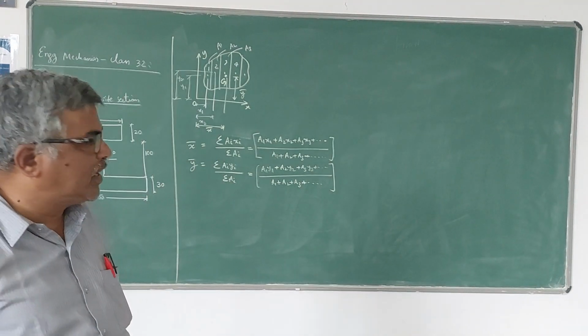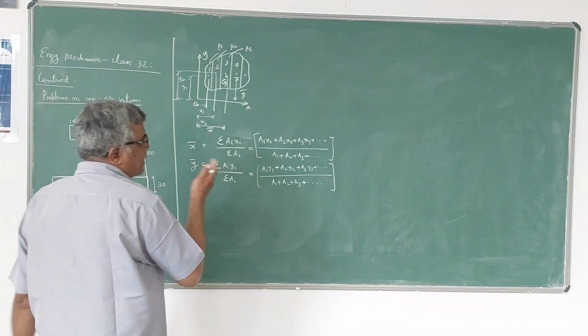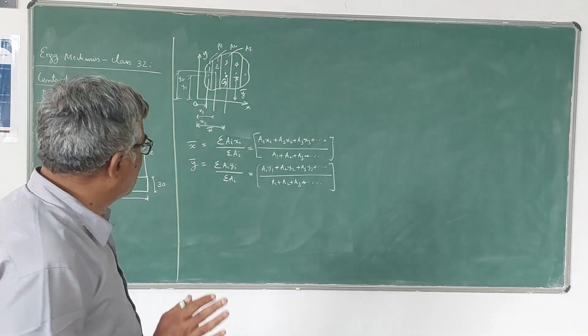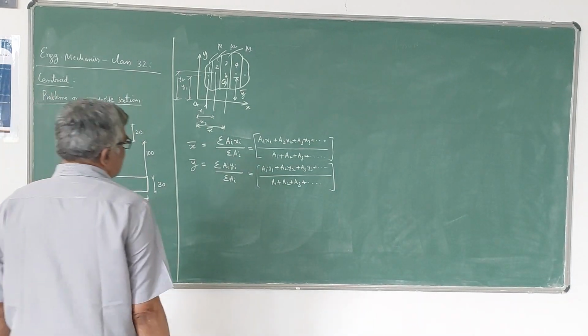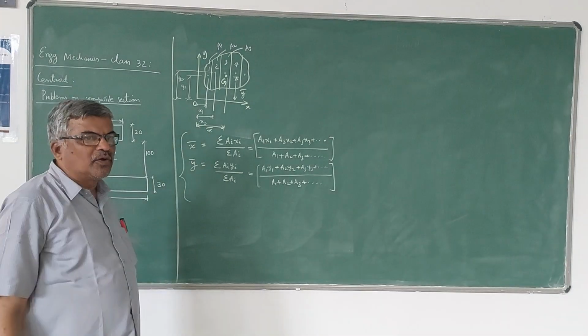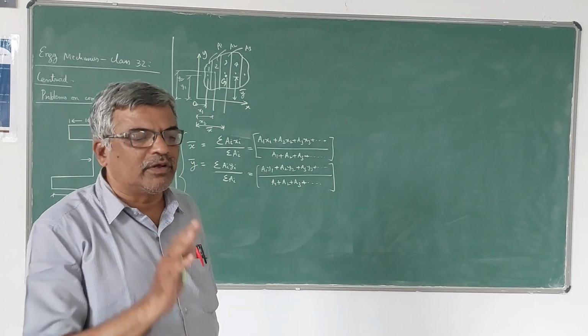You need to know a1, a2, a3 etc., x1, x2, x3 etc., and y1, y2, y3 etc. with respect to the particular defined reference axis. Once again, the axis you can define based on the given problem.